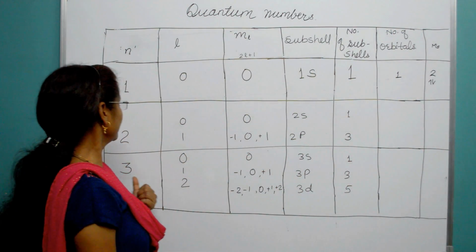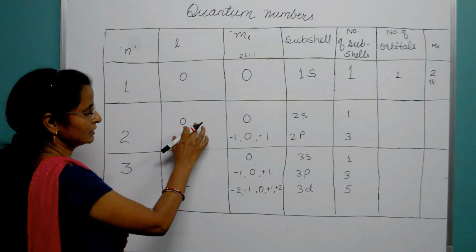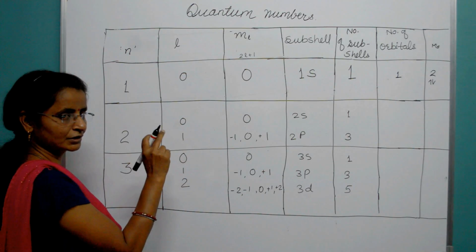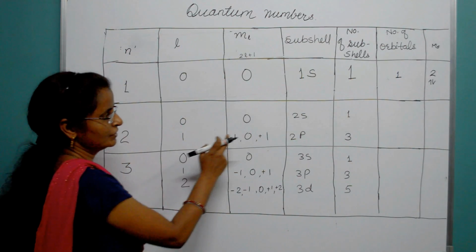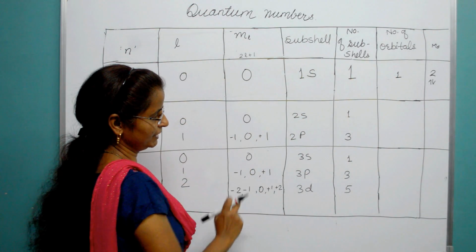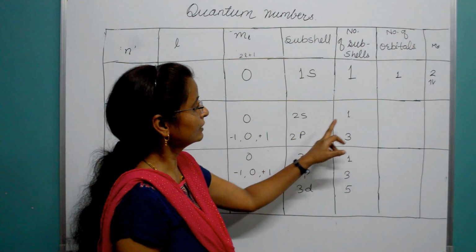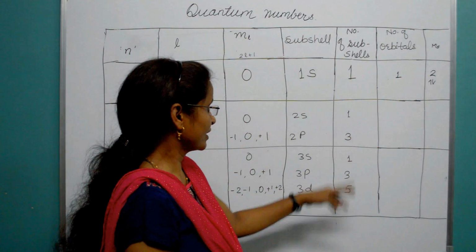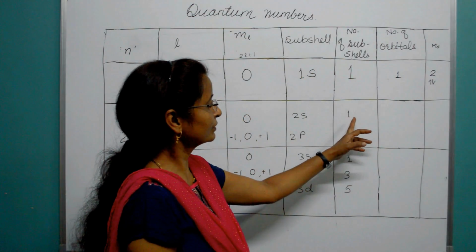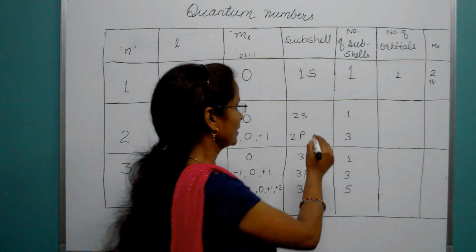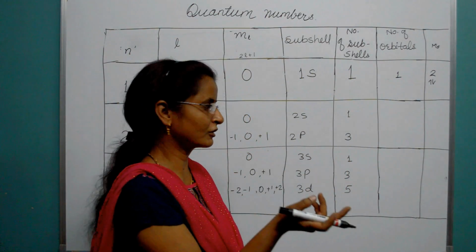Okay, now next, if the principal quantum number is 2, its azimuthal quantum number value is 0 to n minus 1. So 2 minus 1 means 1, so 0 and 1. So 0 means S and 1 means P. So here two subshells are present, S and P. In the S subshell 1 orbital and in P 3 orbitals are present.